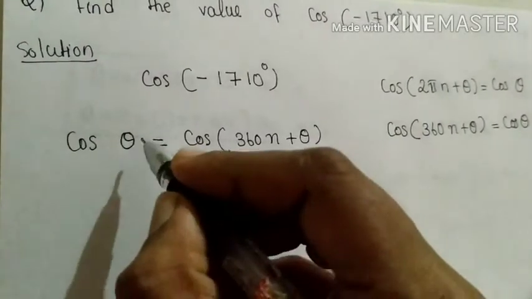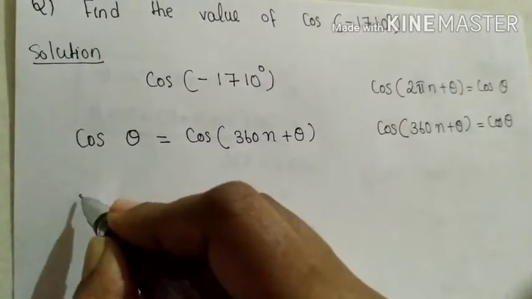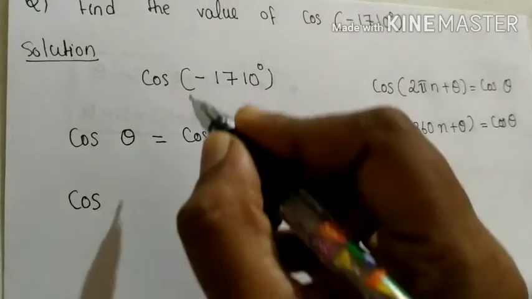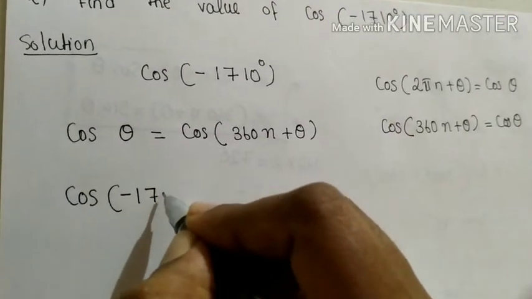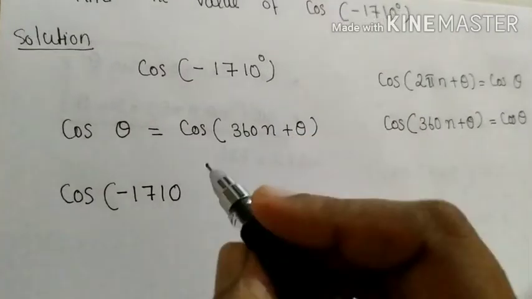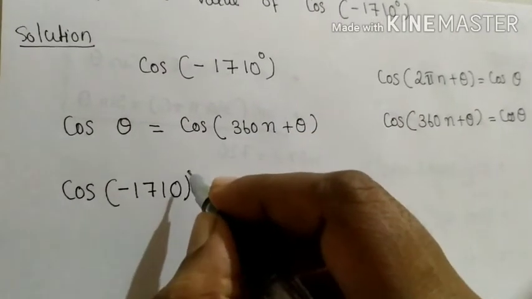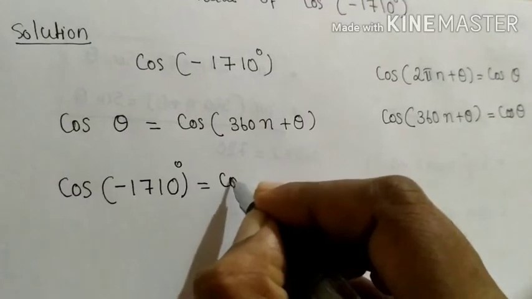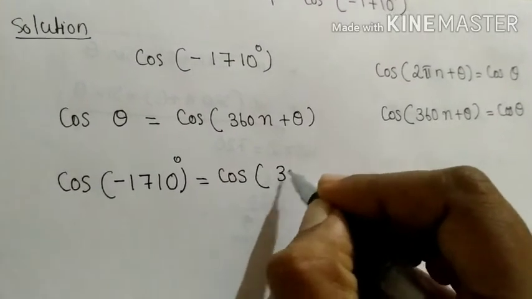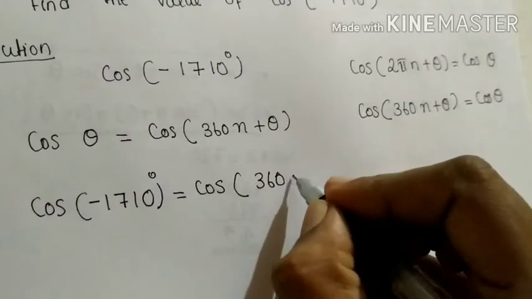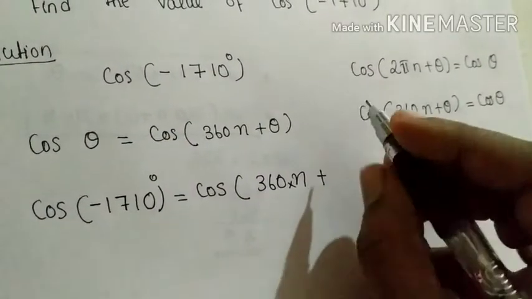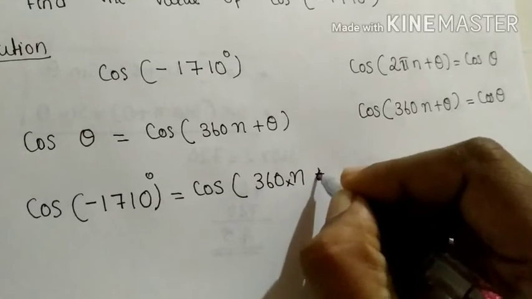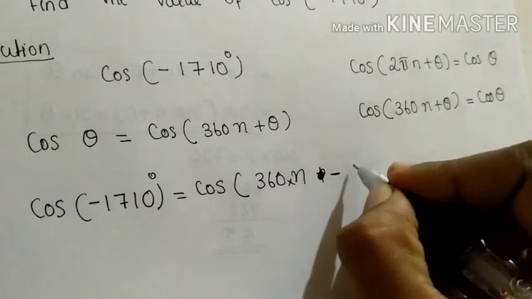So converting this theta, cos of minus 1710 degree is equal to cos of 360 n plus theta, where theta is minus 1710, so this plus changes to minus here.